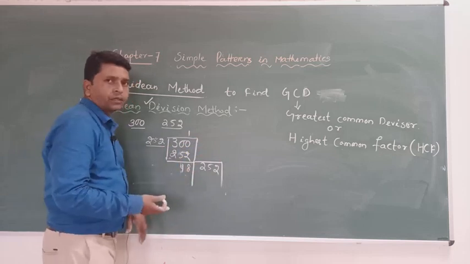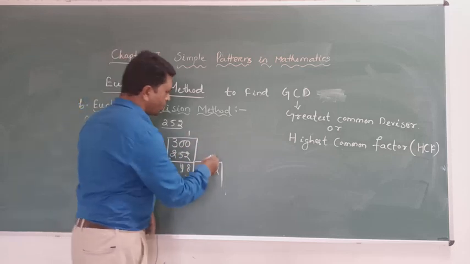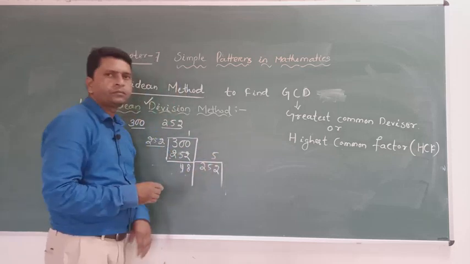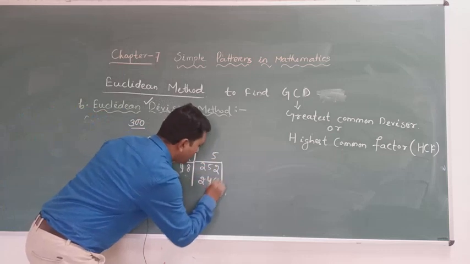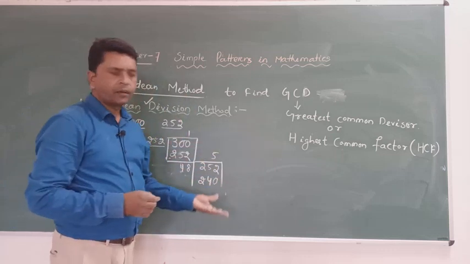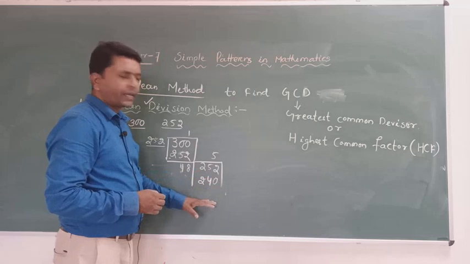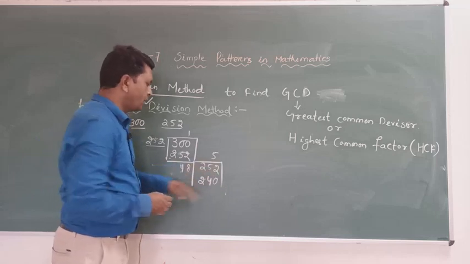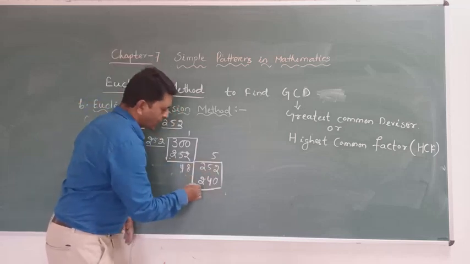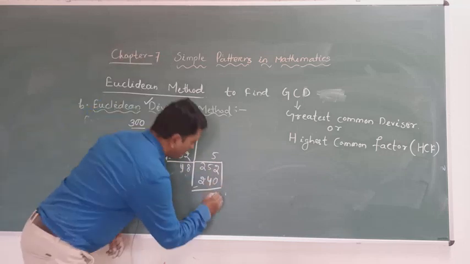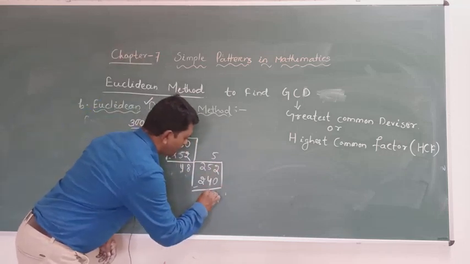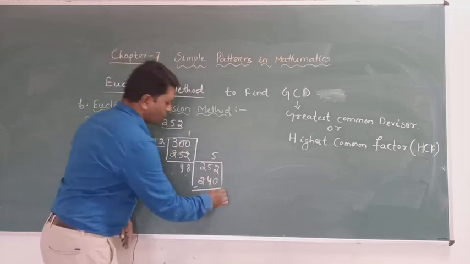How many times does it go? 48 times 5 is 240, and 48 times 6 is greater than 252, so we take 48 times 5. After that we subtract it: 252 minus 240 is 12.